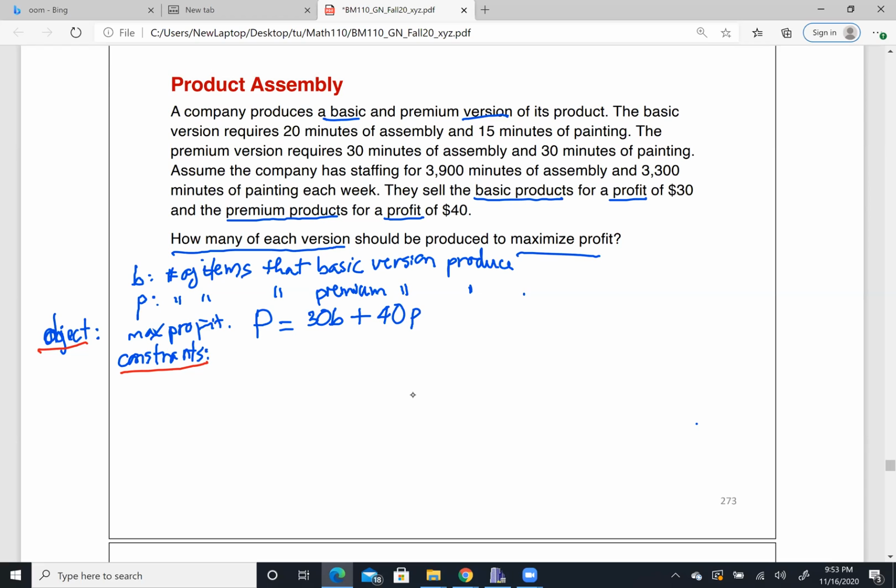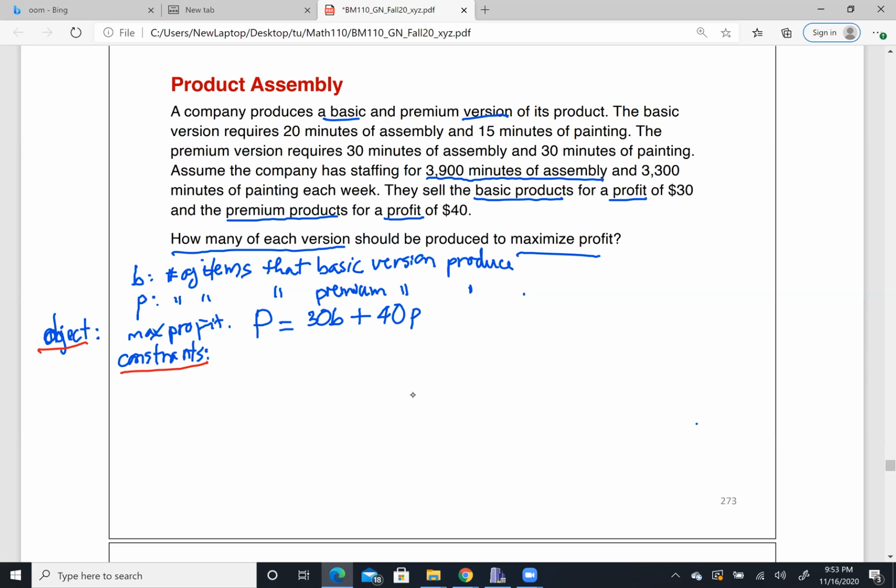For the constraints, I need firstly the basic version requires 20 minutes, and the premium version requires 30 minutes. So assembly. In here it says assume the company has staffing for 3,900 minutes of assembly.